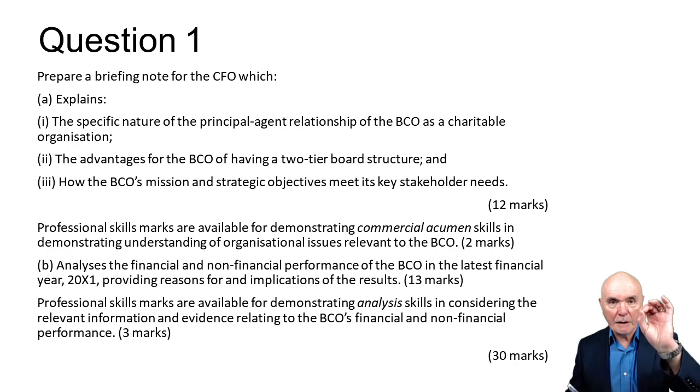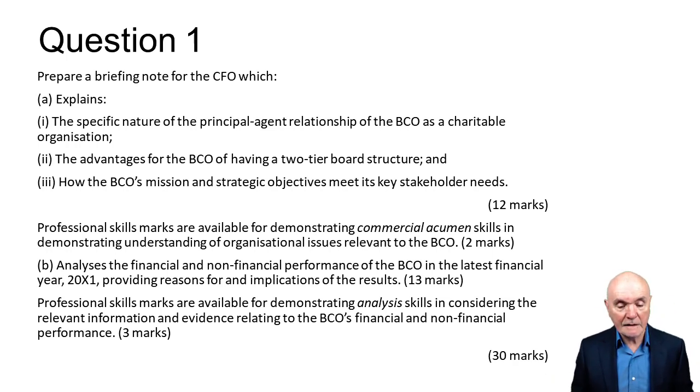Luckily here we go from the top, the mission, down to strategic objectives, meet its key stakeholder needs. And we have here got specified for us strategic objectives, and what we must do is to pay attention to those in answering this question.